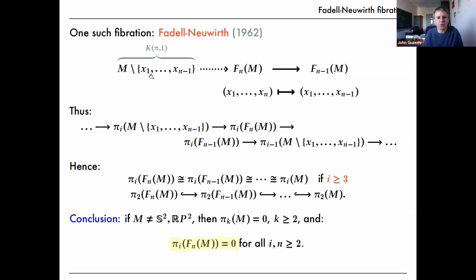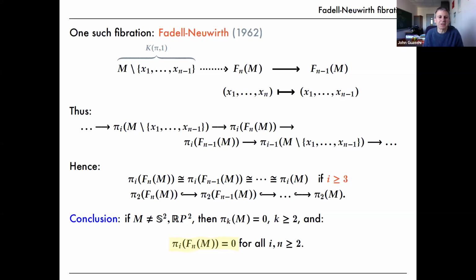So if you take the base point to be x1 up to xn-1, the fiber over this point is the complement of these points. And so it has the homotopy type of a bouquet of circles. So this is a K(π,1), which is a nice thing.